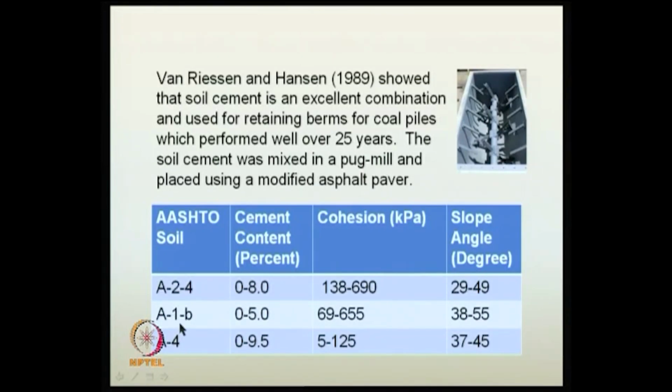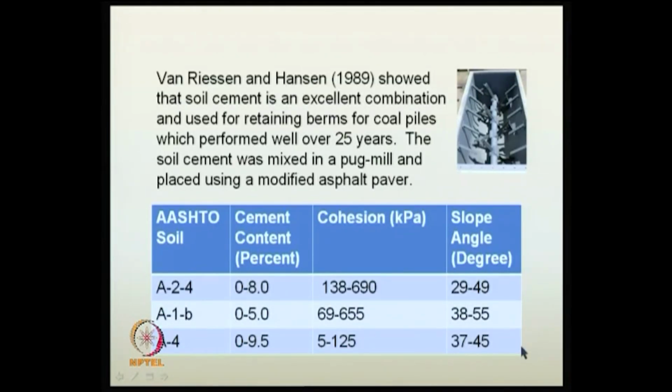The A1B soil type is another one, where about 5% was added, and the cohesion went from 69 initially to 655, something like this. So 38 to 55 is a good difference. A4 is something very poor, a little poorer compared to these two, and you can see that the cohesion improves from 5 to 125, and the friction angles are in this manner.